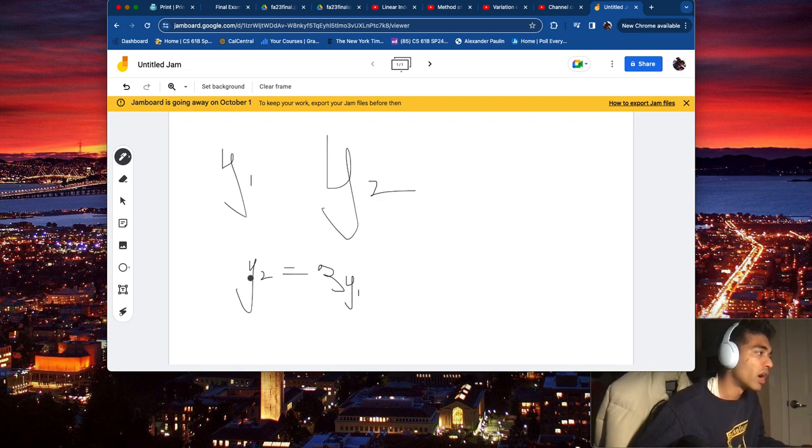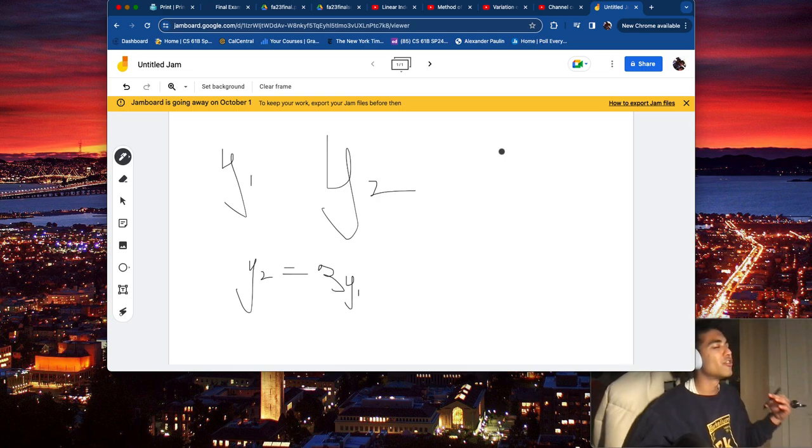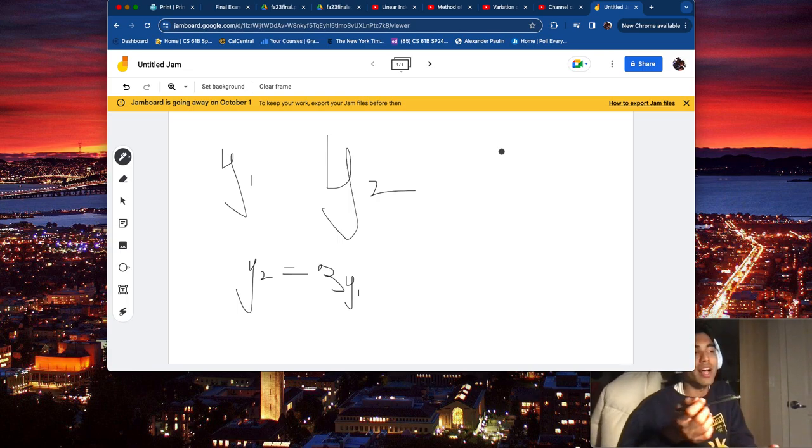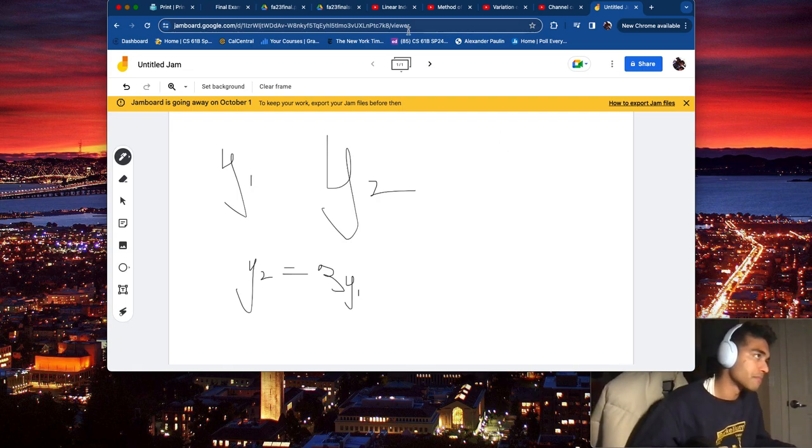It means that y2 is dependent on y1. So if you're thinking in terms of linear algebra, y1 can already reach this value, so there's no point. So basically y2 is dependent on y1, so I don't need it.